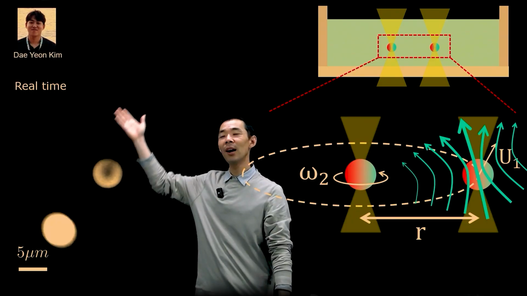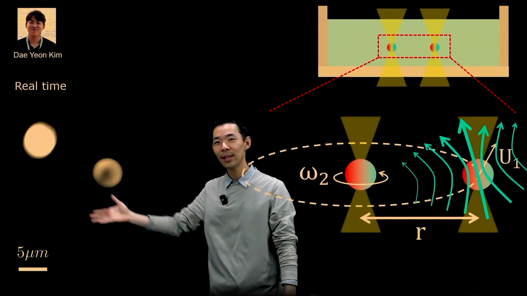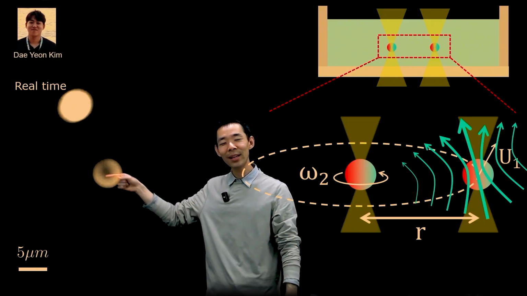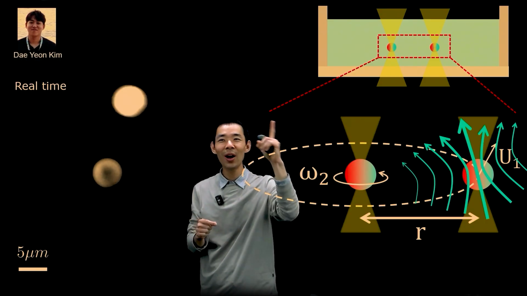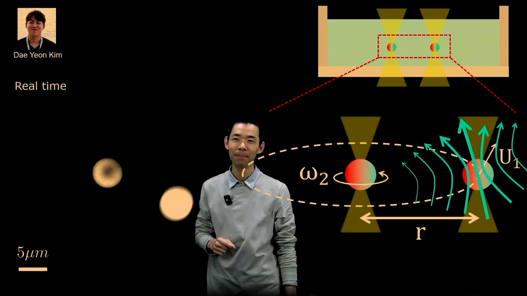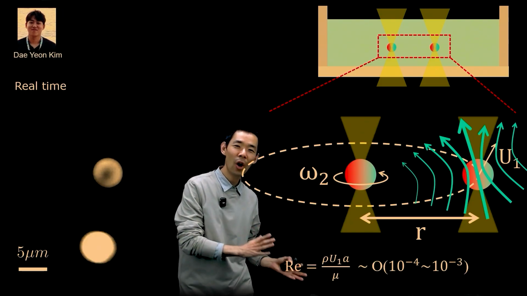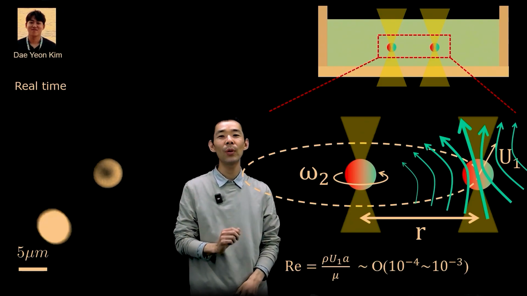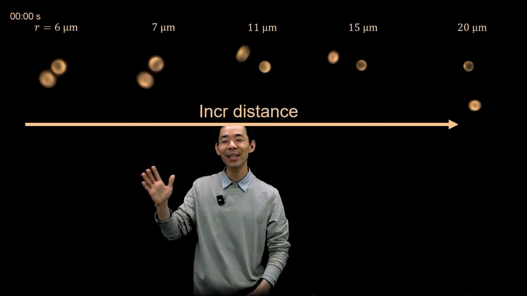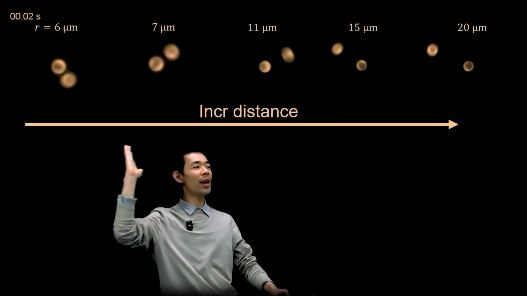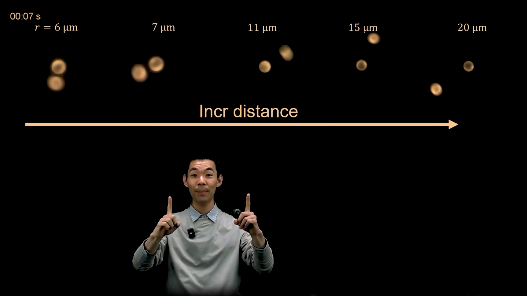This is a movie of the postdoc in our lab, Daeyoung Kim, who worked hard to create this setup. And he half-coated and painted the particles so that we can see the orientation of the center particle as it rotates as a function of time. Now, everything I'm going to show you today is going to be at low Reynolds numbers. So the Stokes flow equations apply, and the equations are linear. What Daeyoung did next is to conduct this experiment over a variety of separation distances between the two traps.